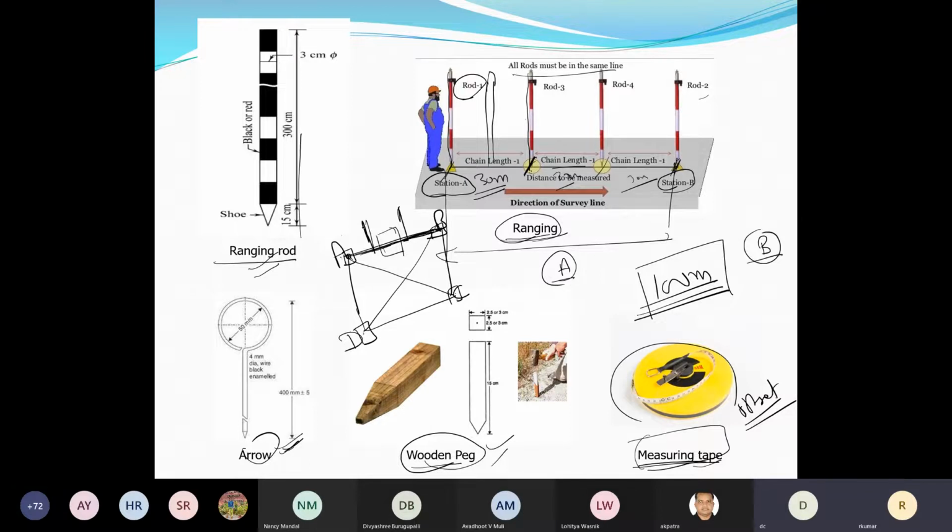So the next time you want to repeat, you don't need to search again for where the last instrument station was. The wooden peg is there, go to the center and get the instrument set and ready for taking the data.